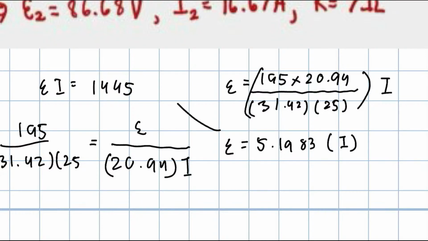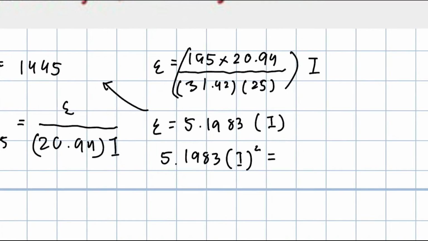So letakkan dalam ni, so akan dapat 5.1983 I squared equals to 1445.